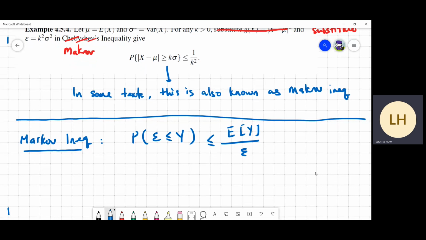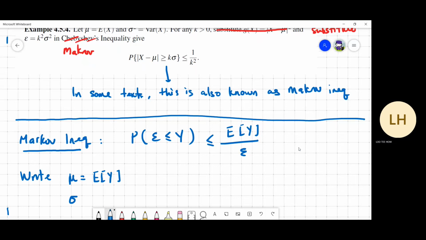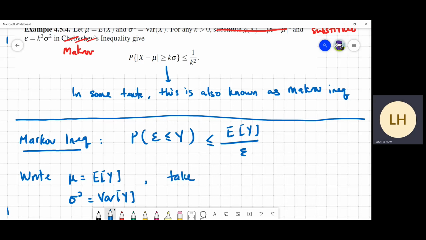Okay, so we follow the instruction up there. First of all, as usual, we write mu to be the mean for the random variable, sorry, EY. After that, we take sigma square to be the variance for y. Next, we take y to be x minus mu square.